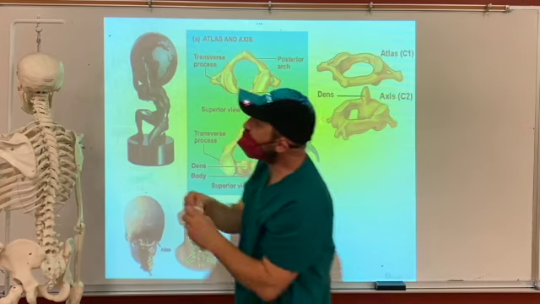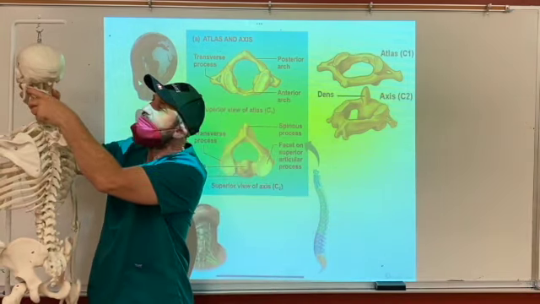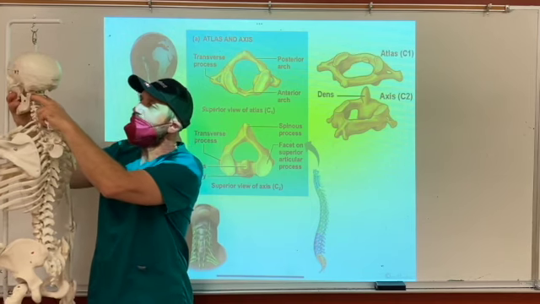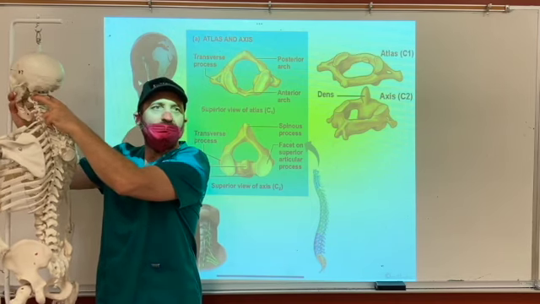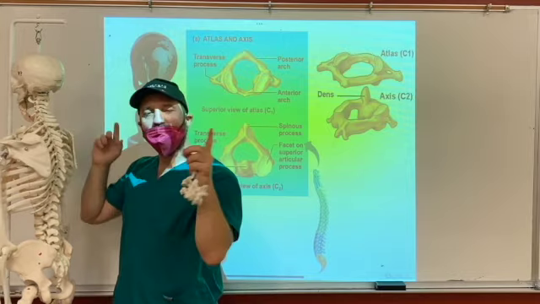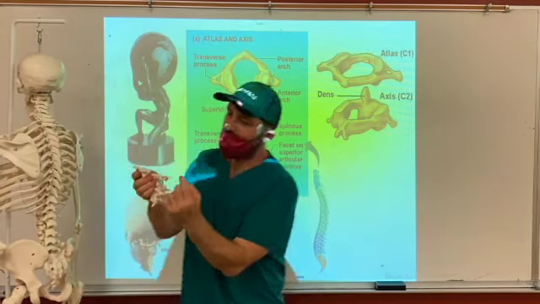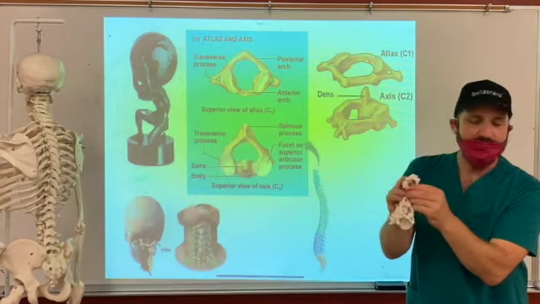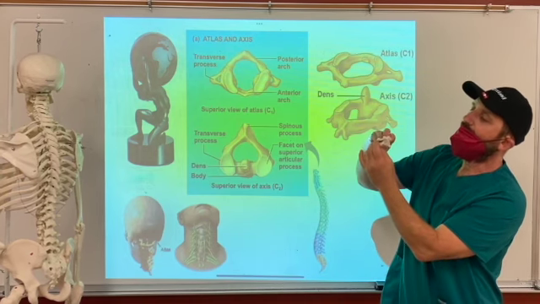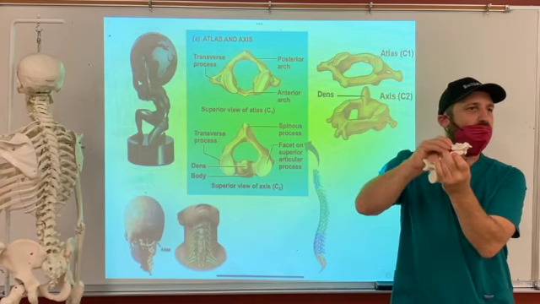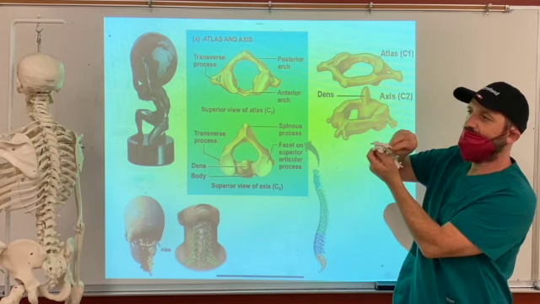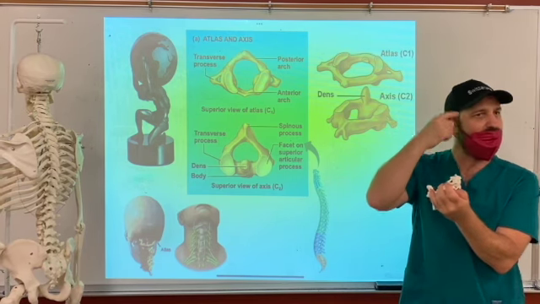So it's very interesting because that joint, that mechanism, makes us able to say no. It makes us able to rotate because of that thing sticking up, that dens. If we didn't have that, we would be yes people. We couldn't say no. So remember that, right?